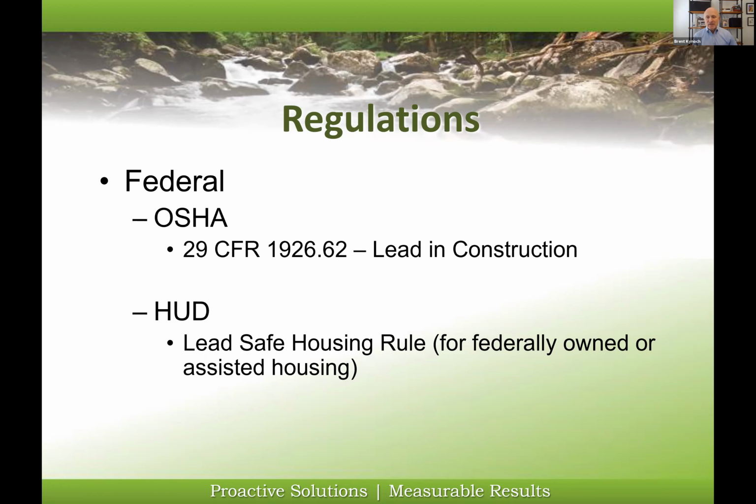In some cases, it requires that actually all lead be removed from housing, in federally owned housing. In other cases, it simply requires that it be managed in place and that there are routine re-inspections to assure that any lead painted surfaces are still intact and not becoming hazardous where they can release lead dust.